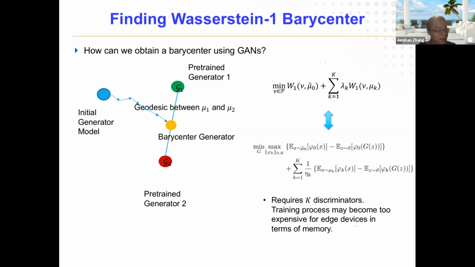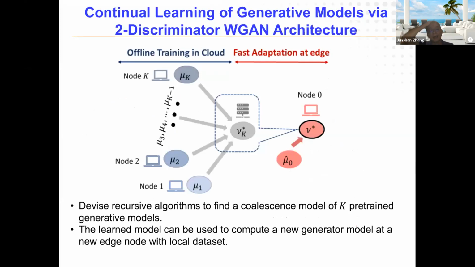Let me skip the details here and look at the architecture. The basic idea is the following. There are k pre-trained generative models from offline training. A good thing about a generative model is that it takes far fewer parameters to describe a data set, so it can be transferred to the cloud. Even with that, the training can take time, so we come up with a recursive algorithm.